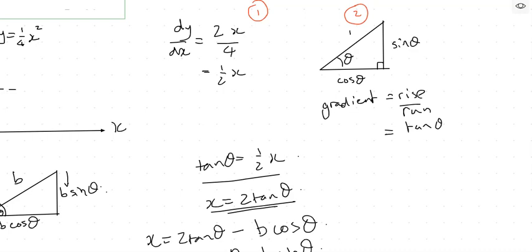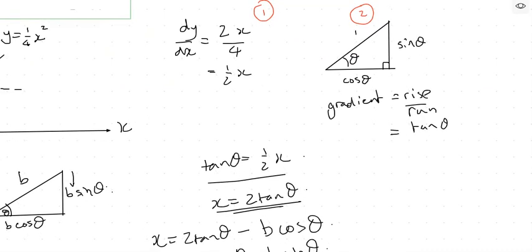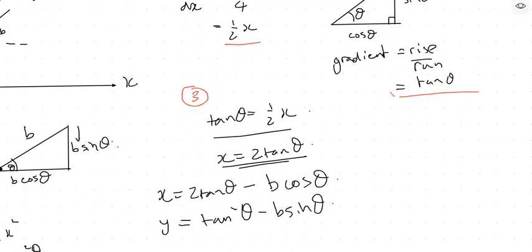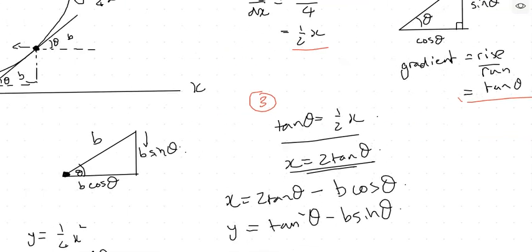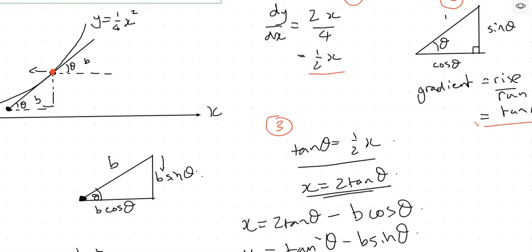The next thing I did is realize that the tangent's gradient is now 2 things. It's tan theta and it's also a half x. So these 2 things must be equal. There's only one gradient, so they must be the same thing. So that gave me a value of x, and that value of x is the x value here, because it's the value of x that makes the gradient tan theta.